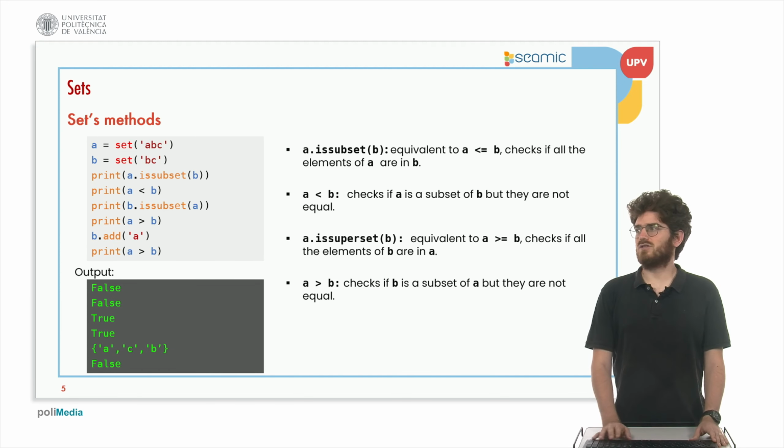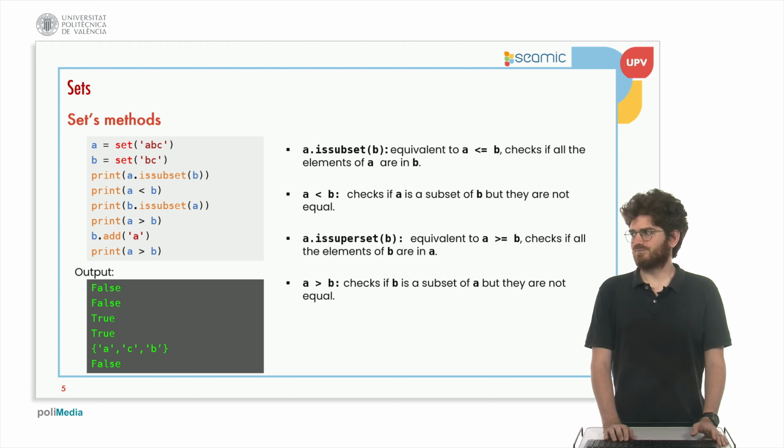We can also use the classic operations in math, which are is subset, lower than, is superset, and greater than. And this checks whether the elements are contained within each other. So, for example, the set ABC is a superset of BC because it contains all elements from BC and additional ones.